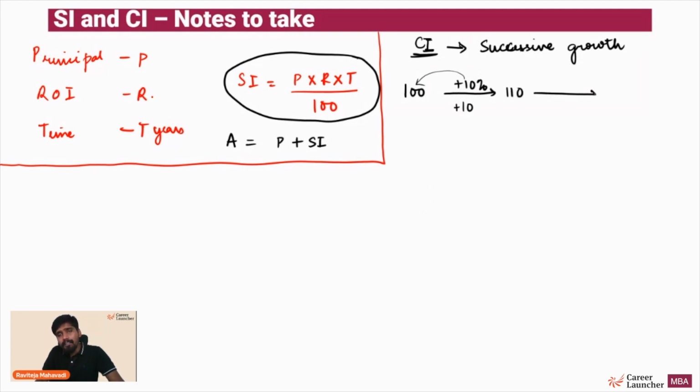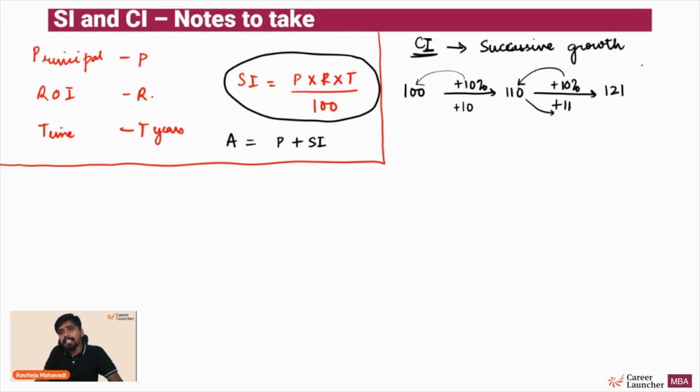Now again, if I make this grow by 10%, you will apply this 10% to this 110 and not to the initial 100 rupees that is invested. So 10% of 110, the addition that will happen over here, is 11 rupees. That means the total sum 110 plus 11 will become 121 after increasing it twice by the same percent, 10.